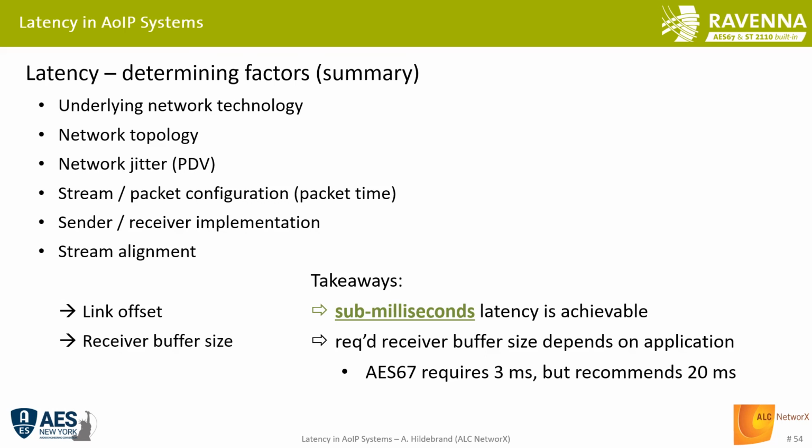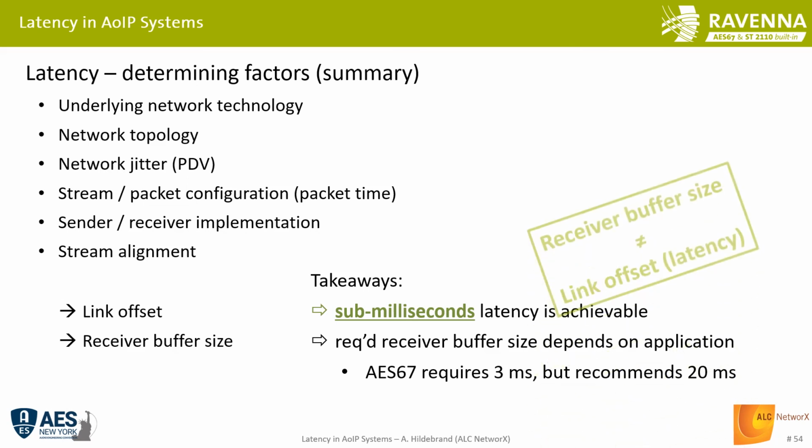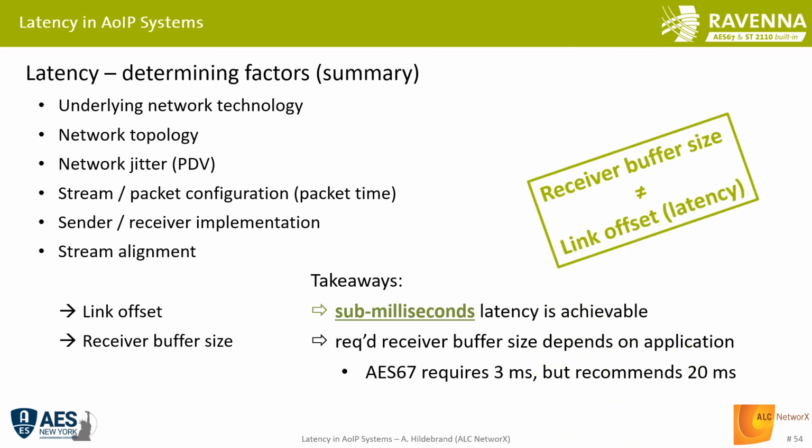Again, keep in mind, the receiver buffer size a device offers has nothing to do with the actual link offset being used. A device which offers a huge receiver buffer can still work with very, very small link offsets, but has the capability to accommodate very much of the network jitter or packet delay variation built up through the transport through the network. So that's it.